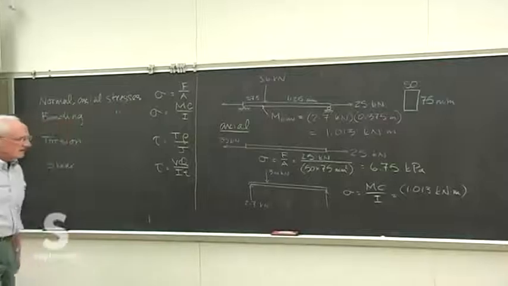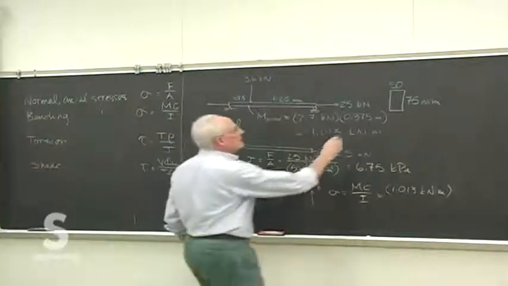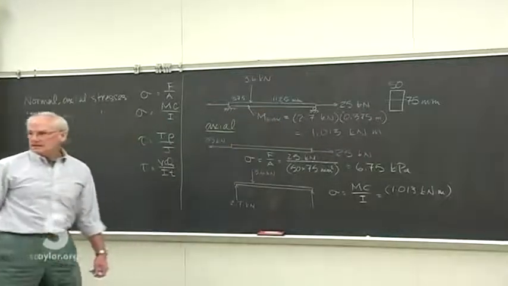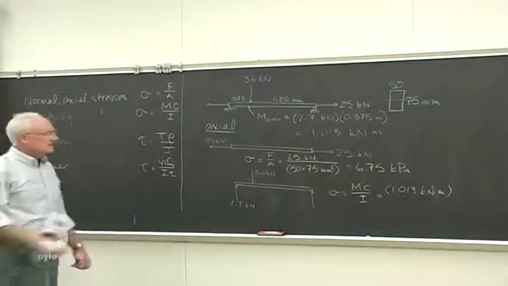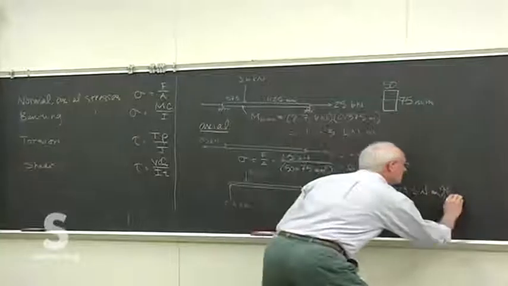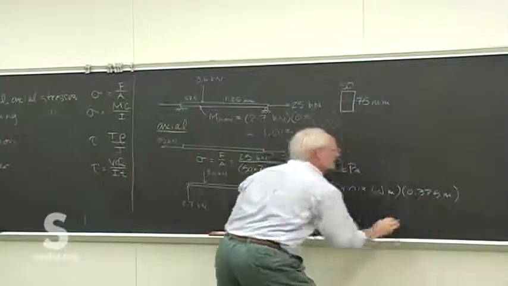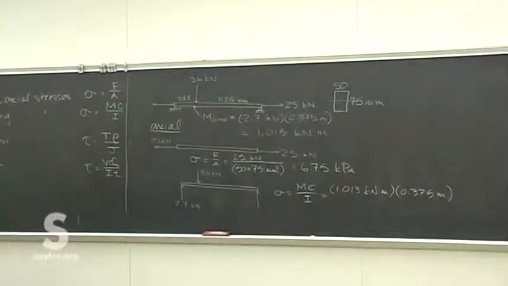That's causing the bending. C, well, due to the rectangular cross section, we know that C is half of the 75 millimeter height, which is 37.5 millimeters, 0.0375 meters.